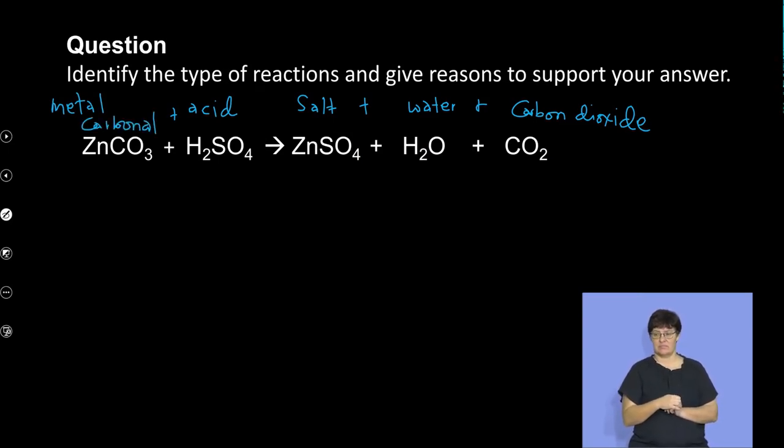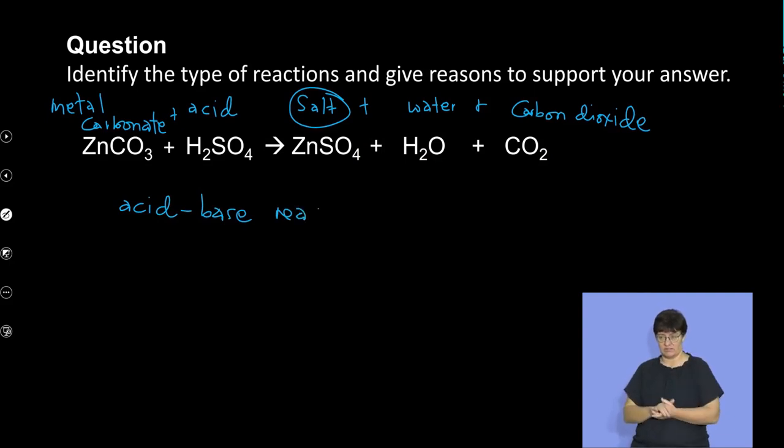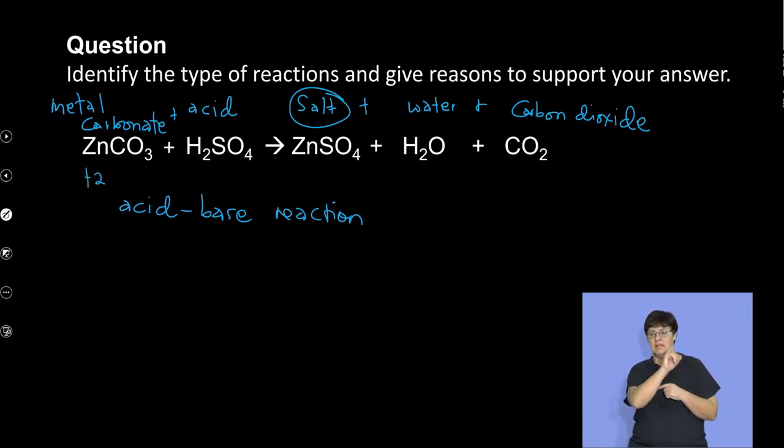Now, we also want to ask, what type of reaction forms a salt? We know these are acid-base reactions, okay? So this is an acid-base type of reaction. How did we arrive at that? We looked at the type of products and worked backwards in terms of the reactants so that we can classify this reaction. But also, if you keep track of the oxidation numbers, zinc is +2 on the left and +2 on the right, and the sulfate is still the same.